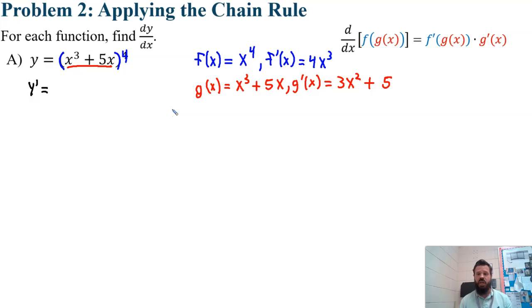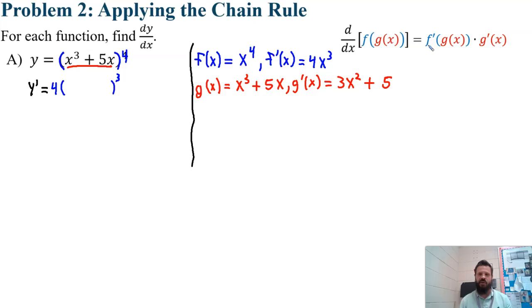Chain rule says find the derivative of the outer function, which is going to be this 4x to the third. And I'm going to write that as 4 parentheses to the third here. That's going to divide our work up a little bit, just so we don't run into each other. I'm going to leave the parentheses open because that's where my inner function is going to go.